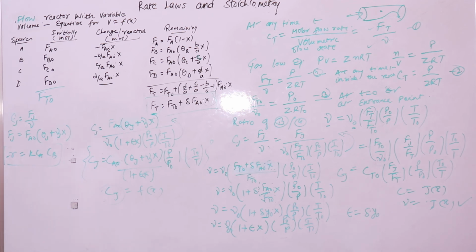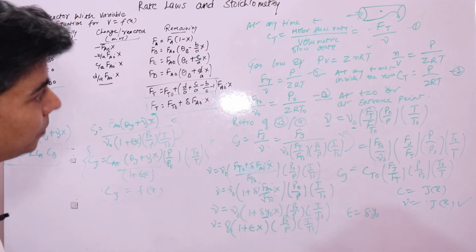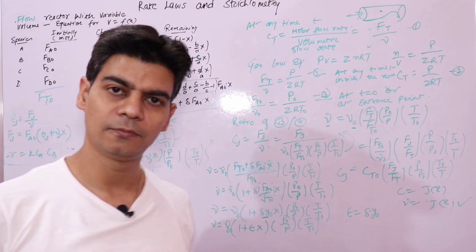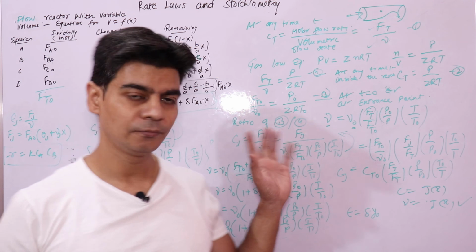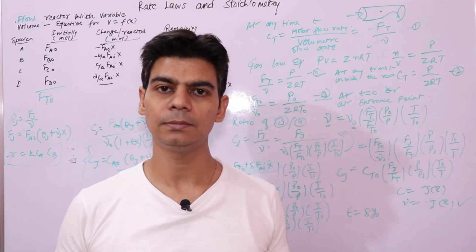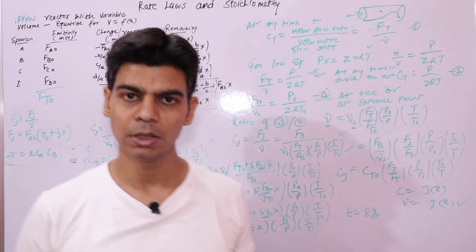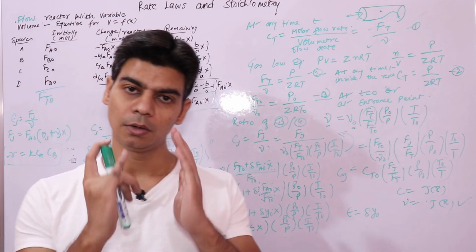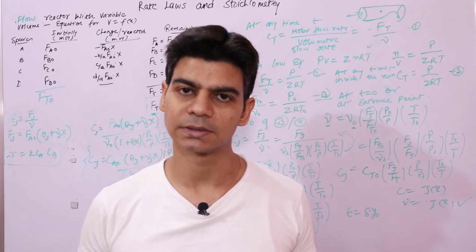Just to revise quickly, let's just see it. To express volumetric flow rate, we have done this for a flow reactor that has variable volume, right? Since it's variable volume, we need expression for volume in terms of conversion x, right?